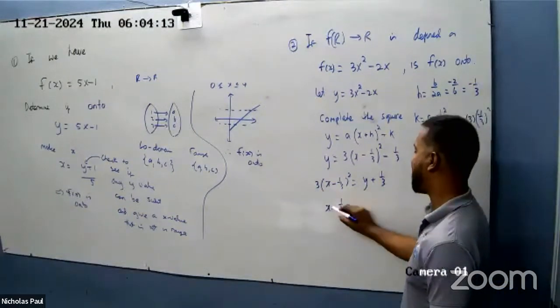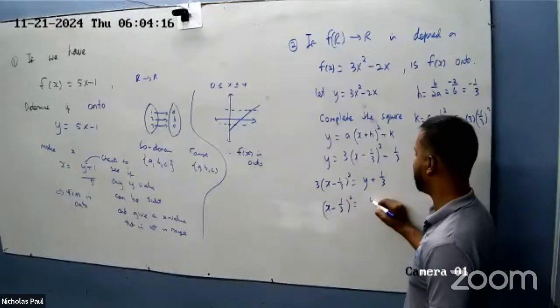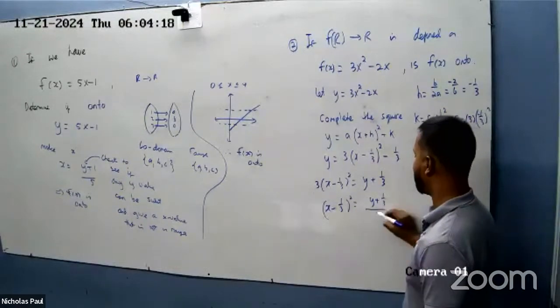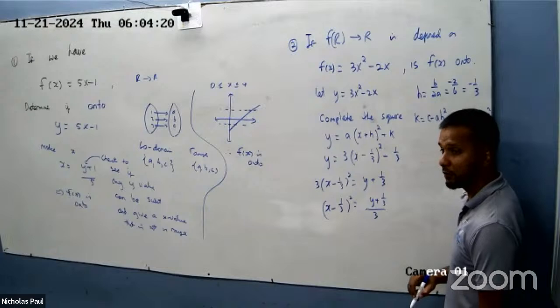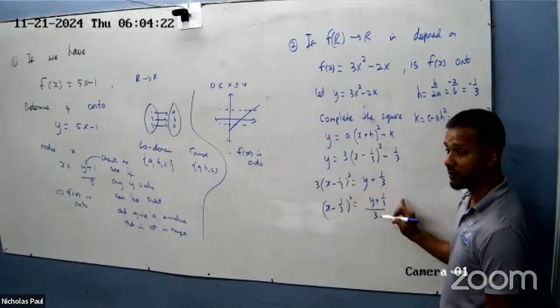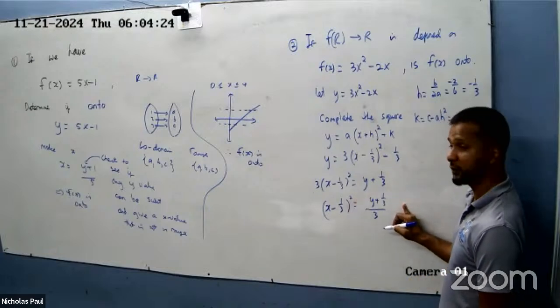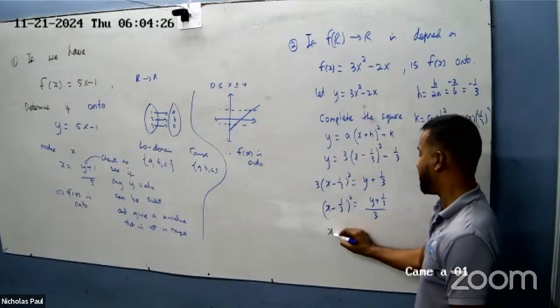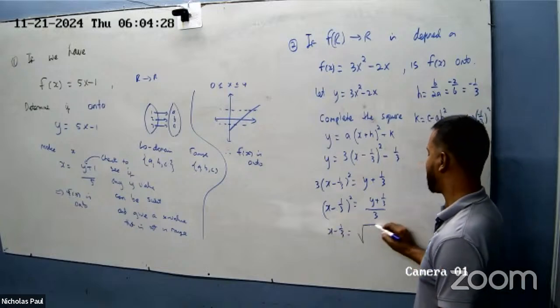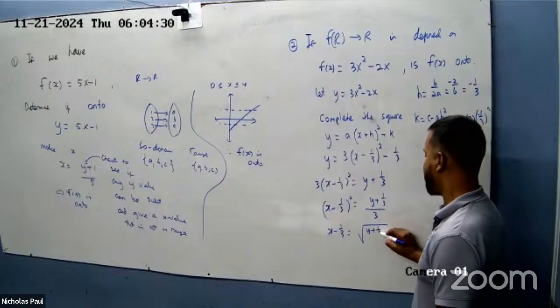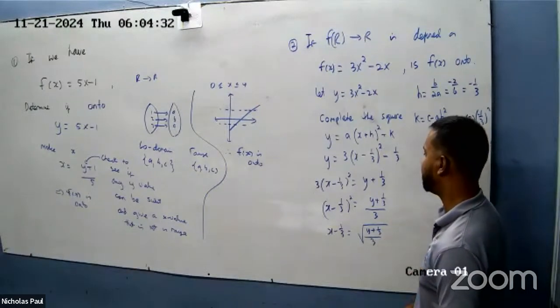So (x minus 1/3) squared is (y plus 1/3) over 3. Then you can carry across the square root. So you'll get x minus 1/3 is the square root of (y plus 1/3) over 3.